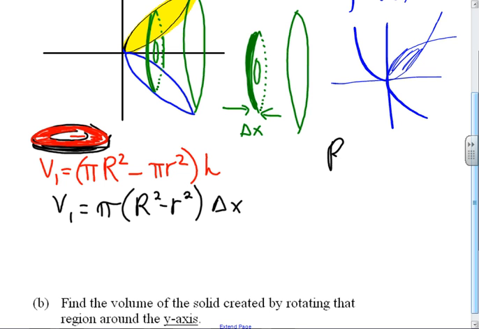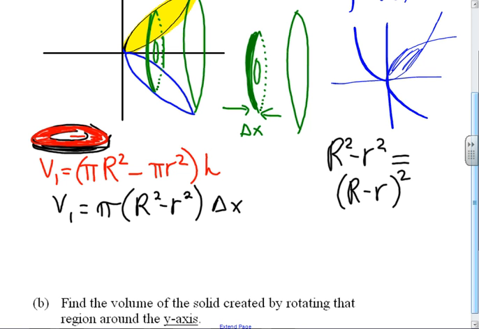Is R squared minus little r squared equal to capital R minus little r, quantity squared? No. By the way, you need to be paying attention because we're reviewing for the exam. We are not coming back to this after spring break.